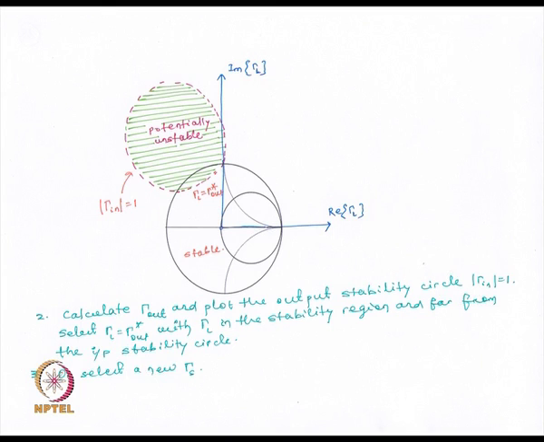So that you can do by drawing the input stability circles and then seeing whether the gamma S that you have obtained using this equation indeed lies in the stable region. If it lies in the stable region, then that is fine. Otherwise, you need to choose a different value of gamma L and repeat this whole process again.